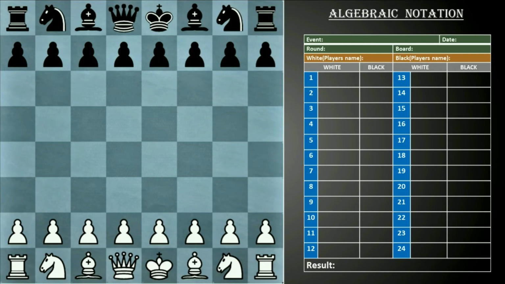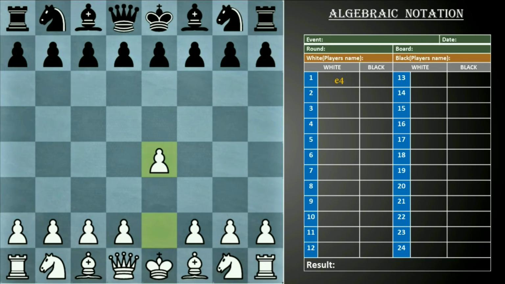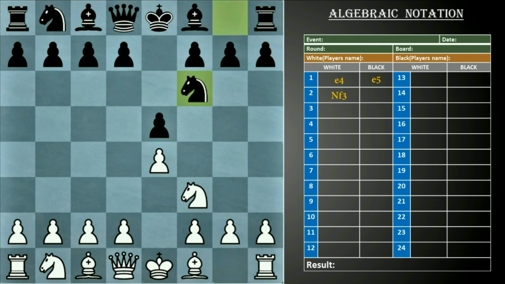The game begins. Traditionally, white is the one which moves first. So, as it is, white plays e4. Now black plays e5. Again white N f3. Black replied with N f6.